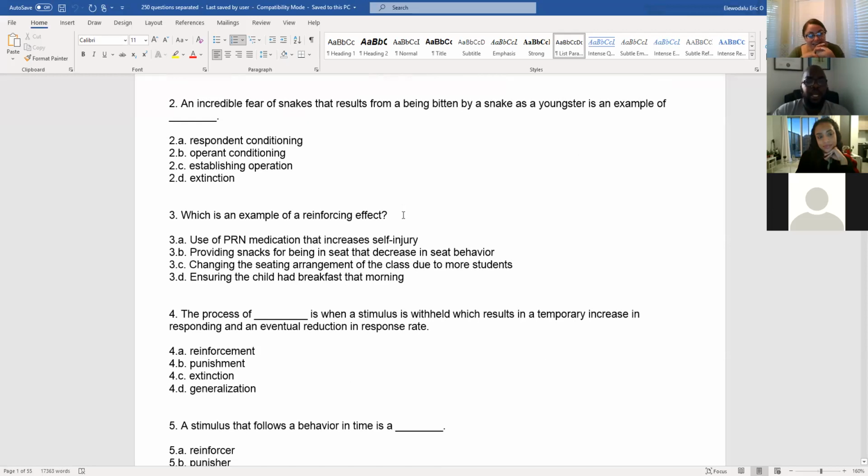An incredible fear of snakes that results from being bitten by a snake as a youngster is an example of what? Operant, being like a fear? It's an incredible fear of a snake. That one was internal, so it's respondent. Is it though? Because you were bitten, so that was learned.